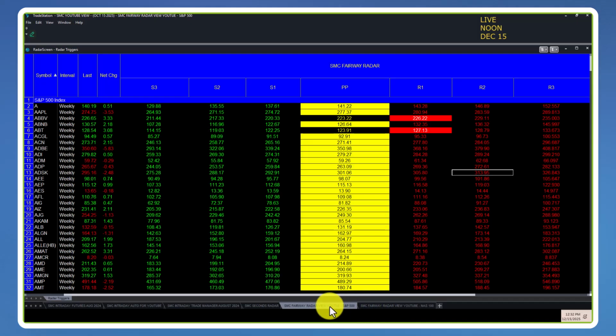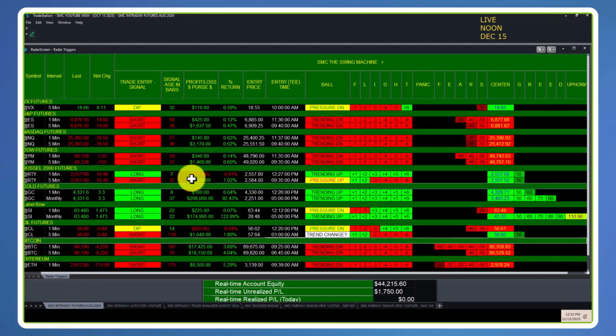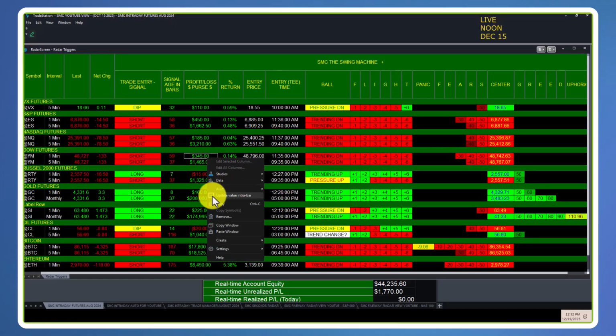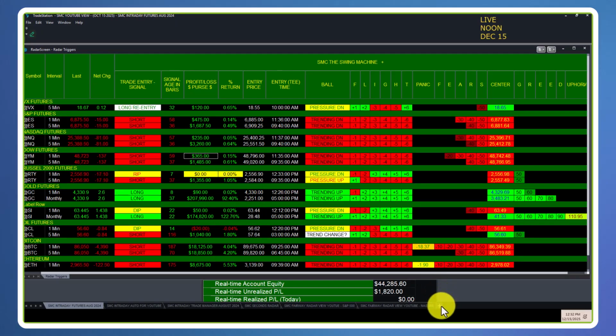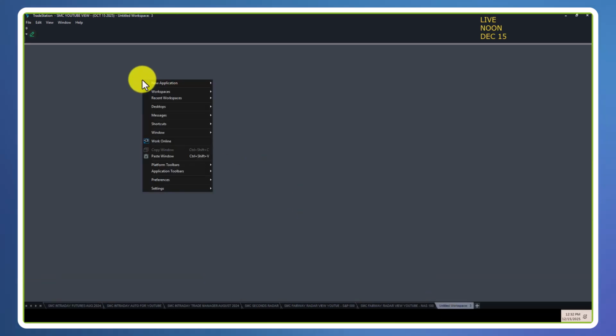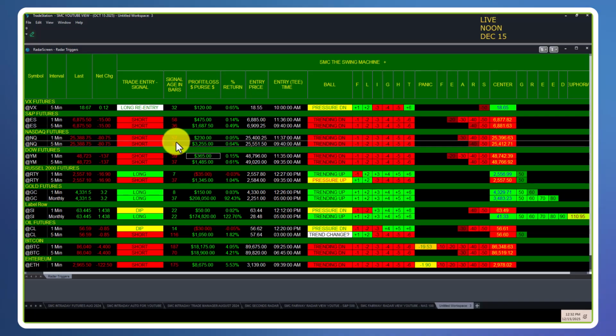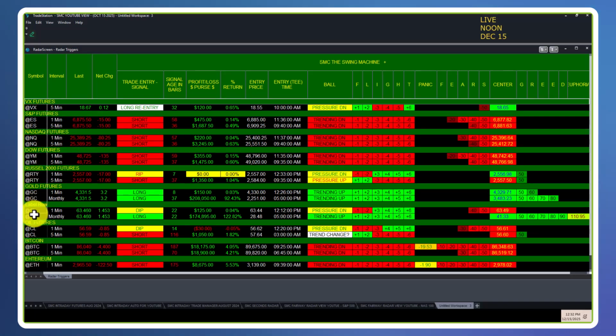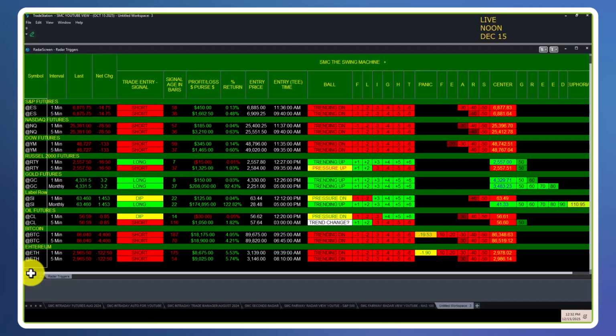All right, so what do we do from here? Well, one of the things that we could do is, let's copy radar, copy window, and let's paste window. And I'm going to just delete all these symbols.